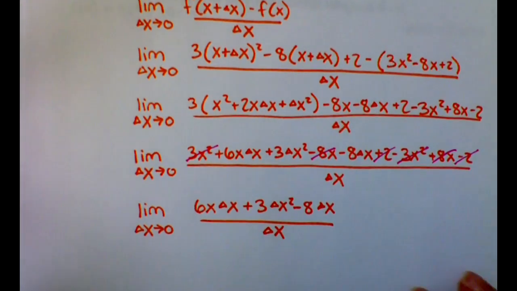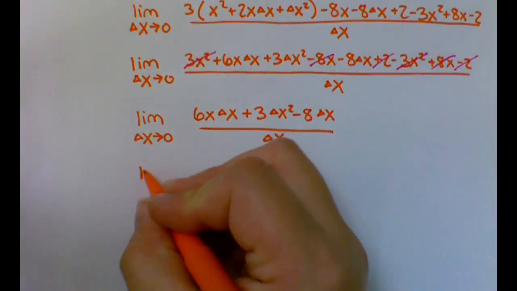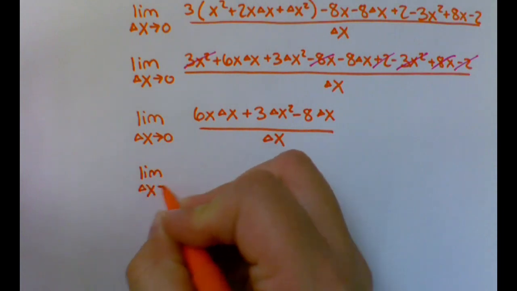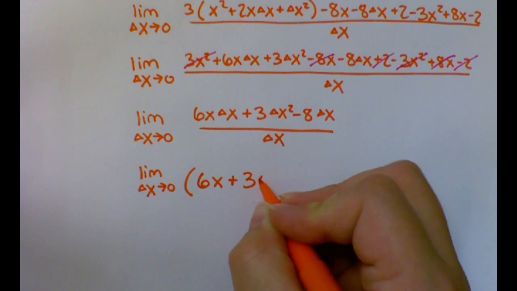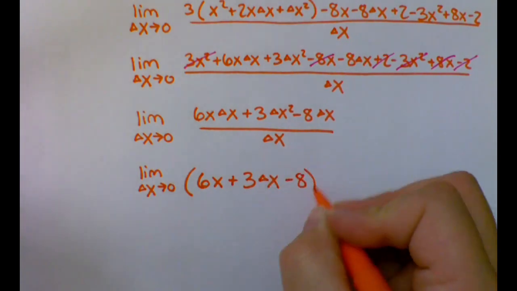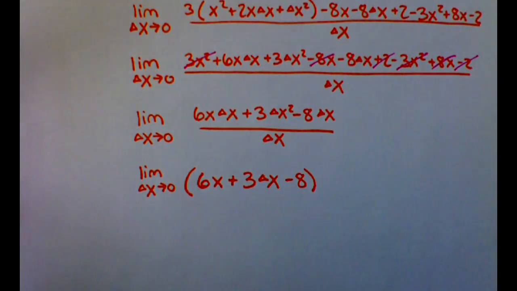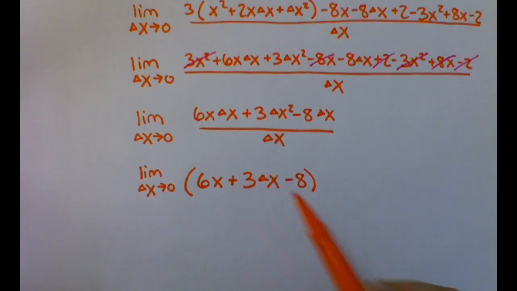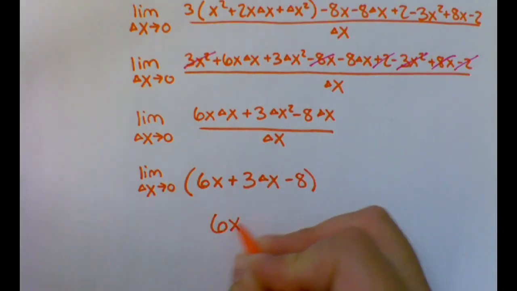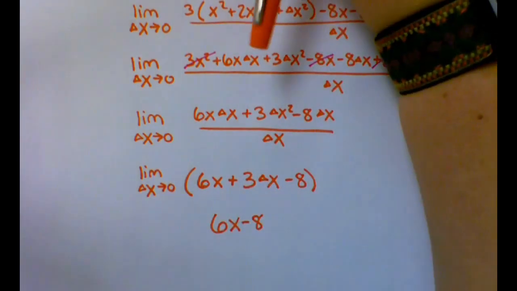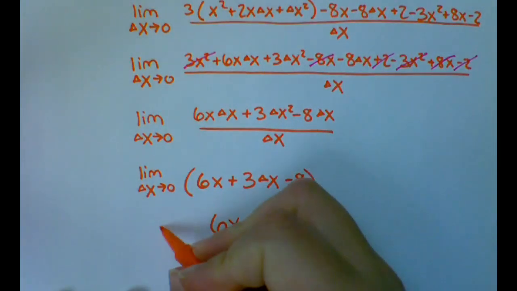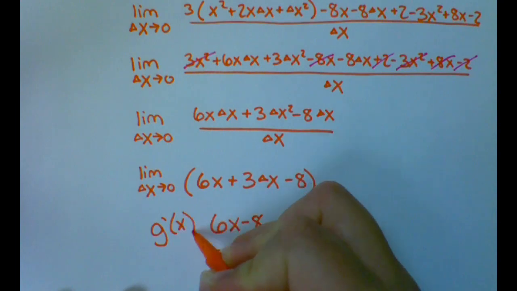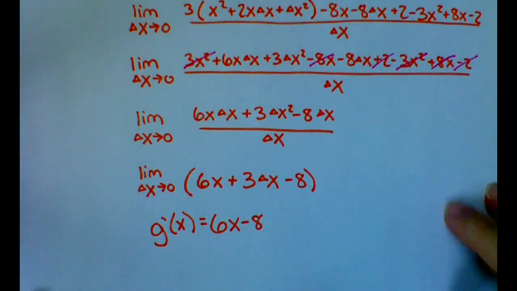Now I can cancel out a delta x. The limit as delta x approaches 0 of 6x plus 3 delta x minus 8. Now I can just plug in delta x as 0. This center term becomes 0, leaving me just 6x minus 8. This is a lot. The last thing I need to do for this problem is label it g prime of x, and there's my answer, 6x minus 8.